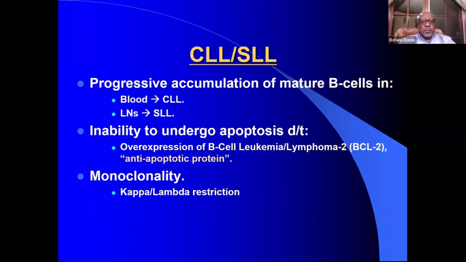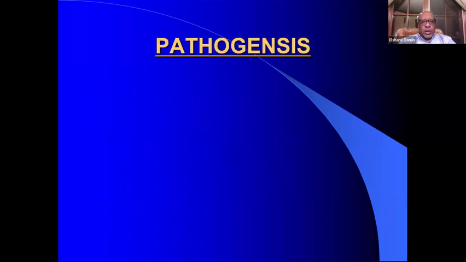It is characterized by monoclonality, so either kappa or lambda restriction. So it has to be monoclonal. That's the key. By definition, it is a monoclonal lymphocytosis, either in the blood or in the lymph nodes. So CLL or SLL, the lymphocytes under the microscope, they look normal.